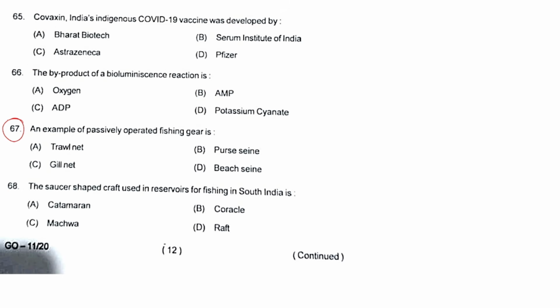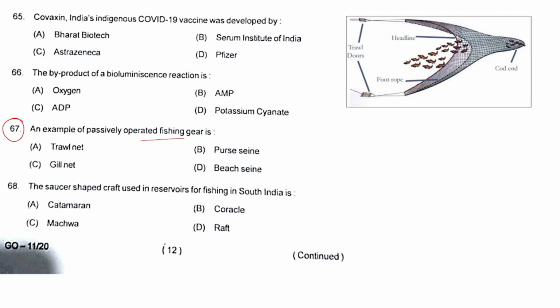Question number 67. An example of passively operated fishing gear is, okay, let me tell you, there are different types of fishing gear. The two major types of fishing gear are active and passive gear. Active type of fishing nets are something in which the fish are being dragged in the net.